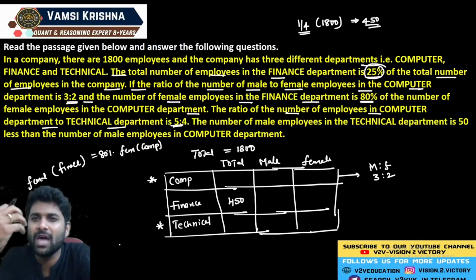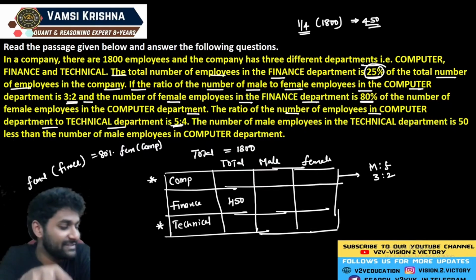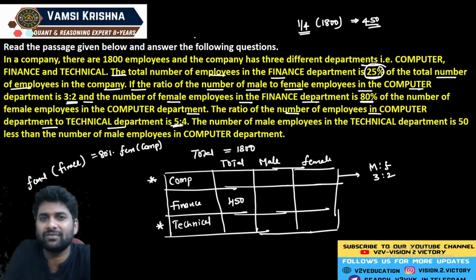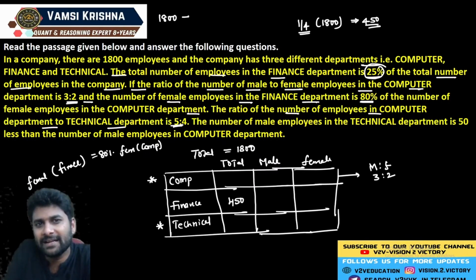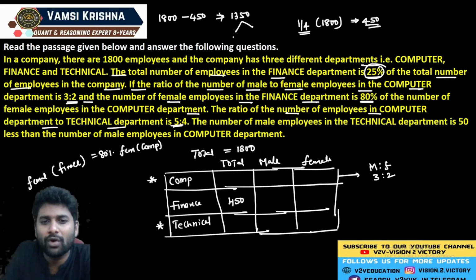You already know that out of 1800 people, 450 people are working in finance. So what about the remaining ones? See, 1800 minus 450 is exactly equal to 1350. Now these 1350 people are working in the computer department and the technical department, and they clearly mention that the ratio of people working in the computer department and technical department is 5 is to 4.